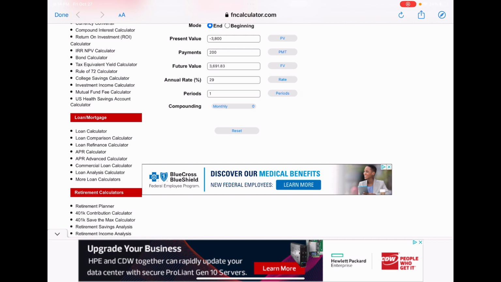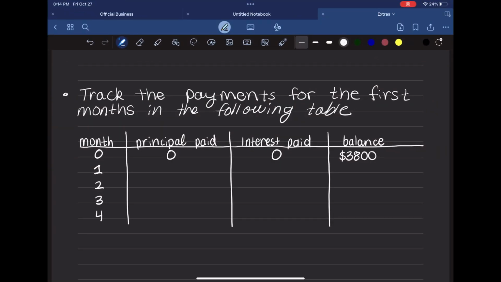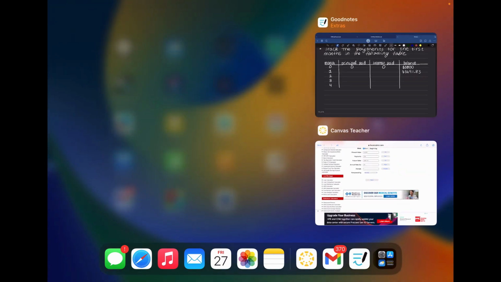So that's $3,691.83. So I go back. After month 1, this is going to be $3,691.83. I'm just going to double check that that number is in fact right. Yeah.